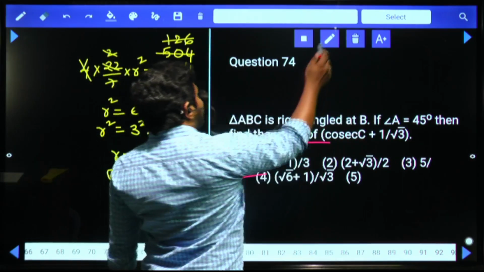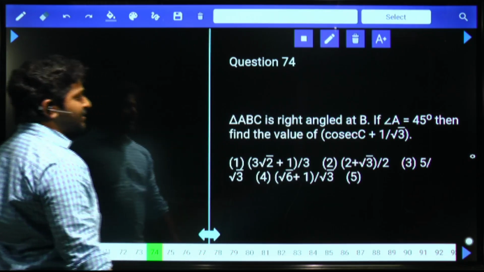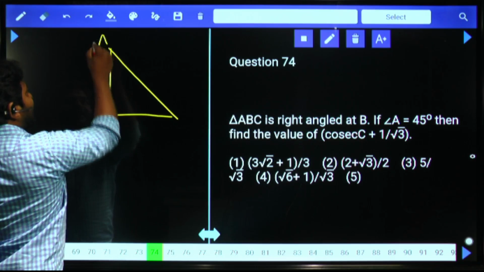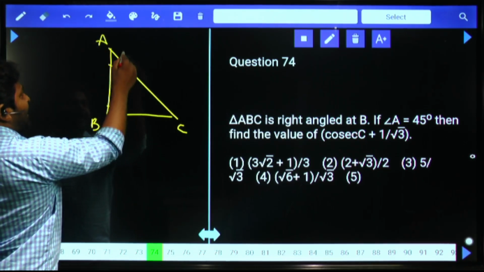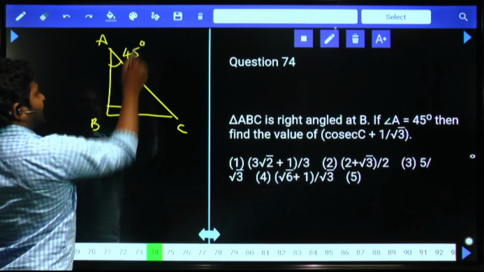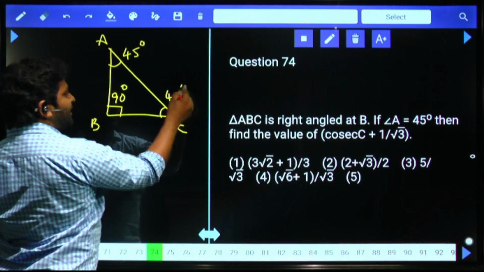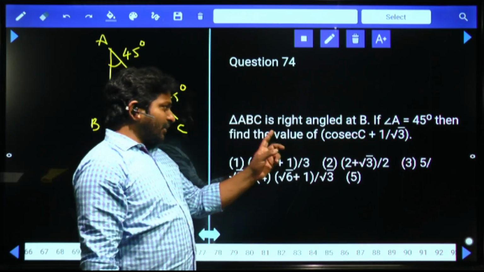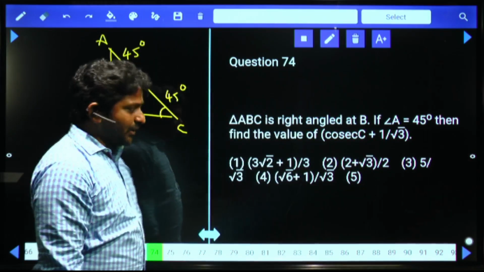In triangle ABC, right angle is at B. Okay. Angle A is 45 degrees. Triangle ABC, right angle triangle, right angle is at B, and angle A is given as 45 degrees. Then angle C also should definitely be 45 degrees only, because the sum of three angles in a triangle should be equal to 180 degrees. Now your question is to identify cosecant C plus 1 by root 3.